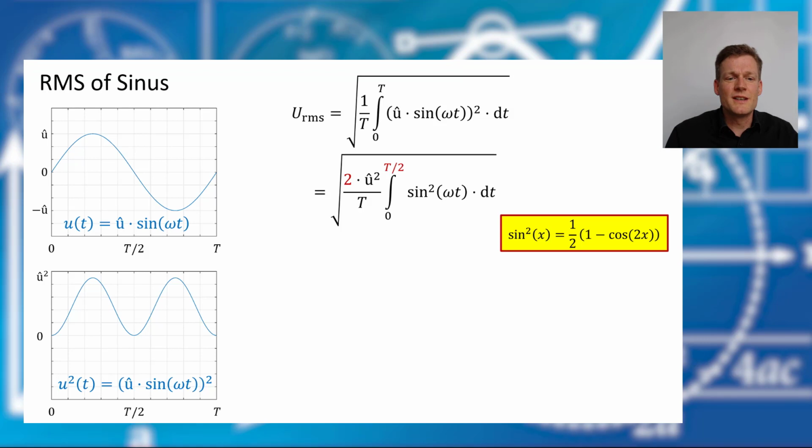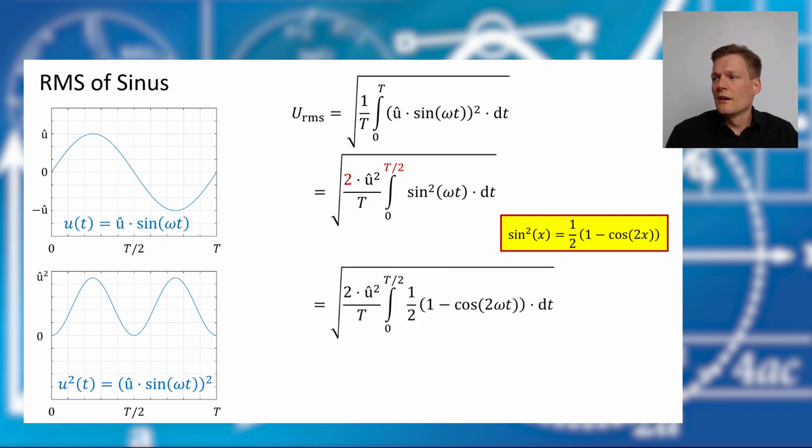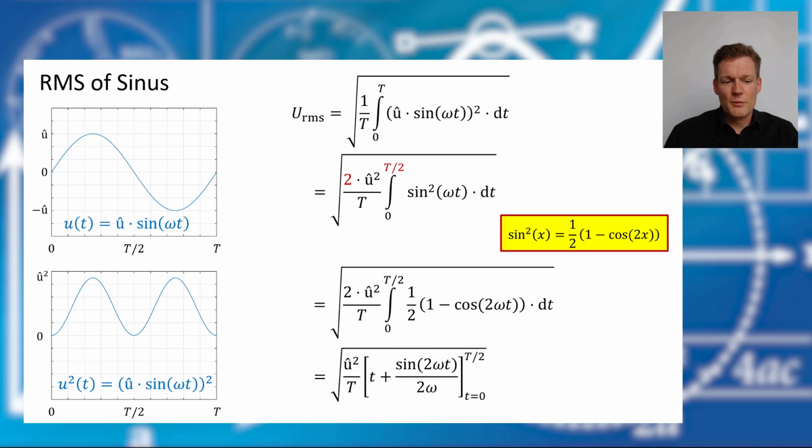I will put it in here, and I did it because I know the primitive of 1, and I know the primitive of the cosine function. Okay, and that means I can find the primitive here, and now we have to put in the border values.